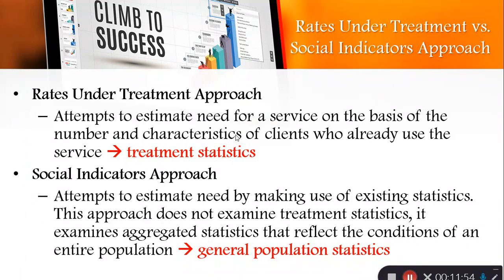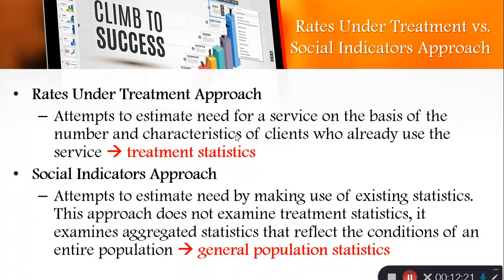If you were developing a new program, you might find a program that already exists within the community that serves a similar target population, and you might seek to collect some data from those clients in order to get a sense of what the needs might be from clients who already use the kind of service that you are seeking to provide.